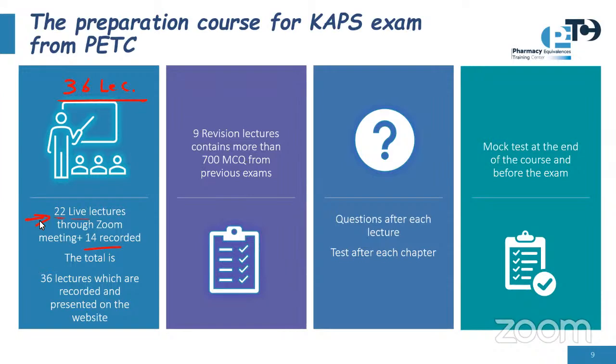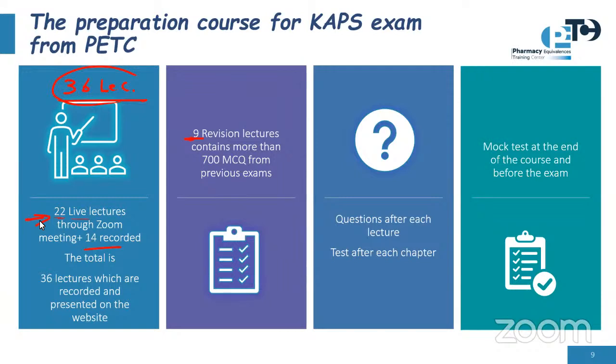After we finish the 36 lectures, we have 9 revision lectures. The revision is formed of questions from the previous exams. We will make the revision with questions and answers, like the exam. We will not revise topic by topic, but we will revise according to the structure of the exam.